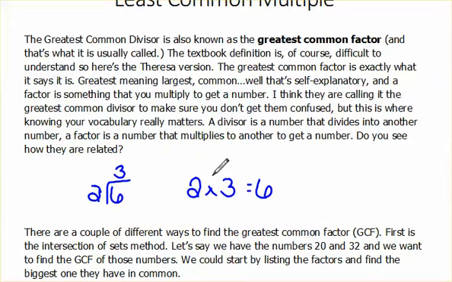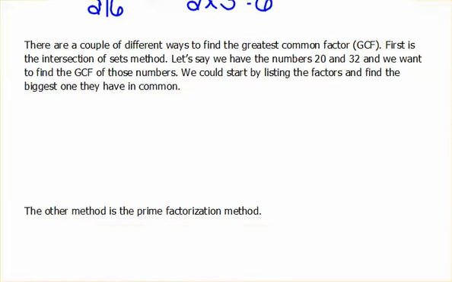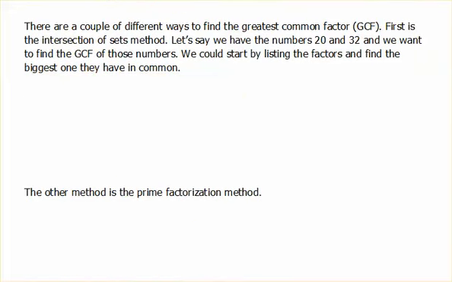Now, there are a couple of different methods to being able to find the greatest common factor, and in fact, your book showed a lot of different methods, but we're going to go through the two most common. The very first way that usually we learn to find GCFs, or greatest common factors, is by listing out all of the factors and just finding the biggest one they have in common.